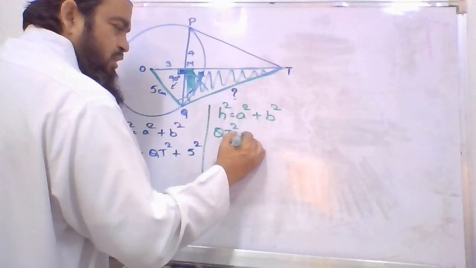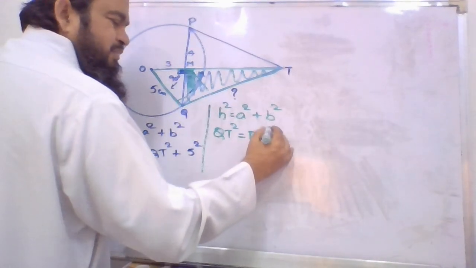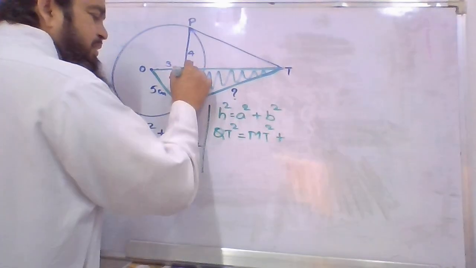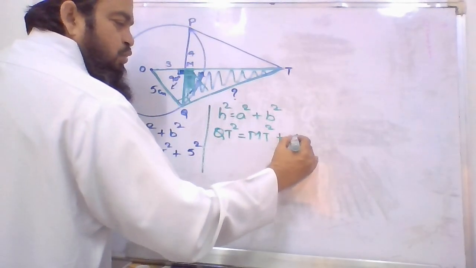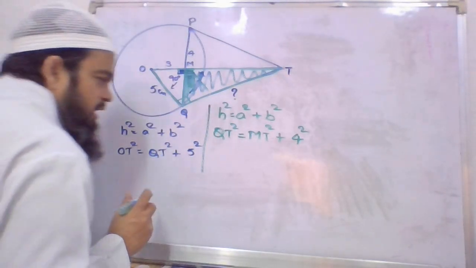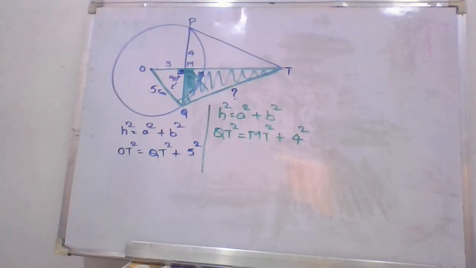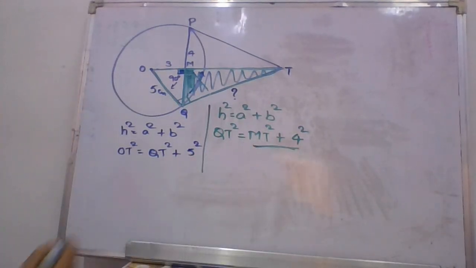QT square is equal to, what is altitude? Altitude is MT square plus what is base? So base is QM. So QM is what? 4 square. Okay, QT square is equal to MT square plus 16. Now I got QT square is equal to MT square plus 16.